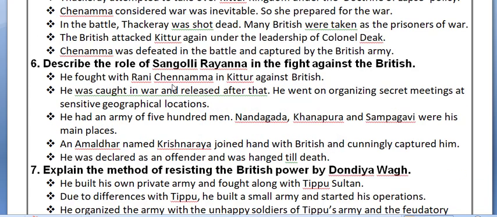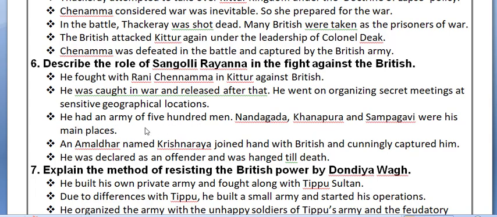Describe the role of Sangolli Rayanna in the fight against the British. He fought with Rani Chennamma in Kitturu against the British. He was caught in war and released after that. He went on organizing secret meetings at sensitive geographical locations.